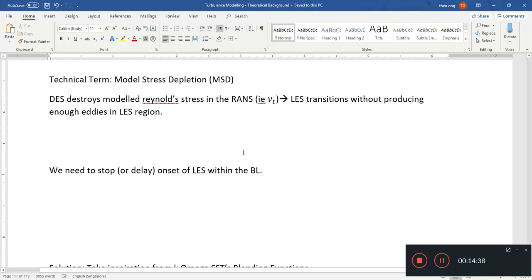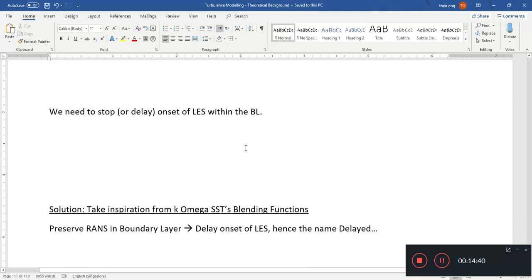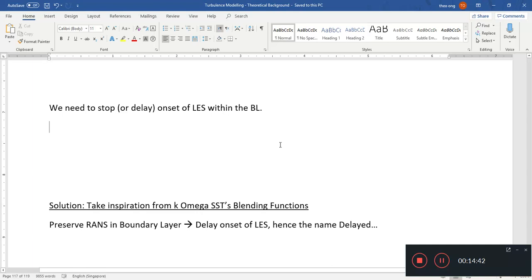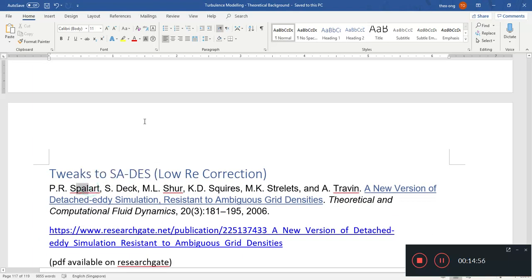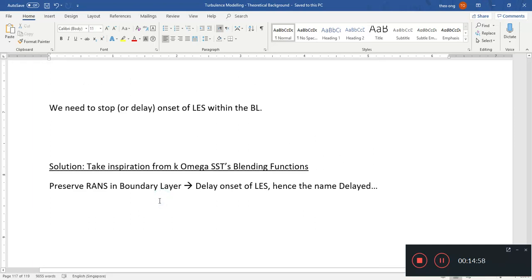That's the idea of delayed detached-eddy simulation, or DDES. So how do we solve this problem? We take inspiration, or rather Spalart, the author of this paper, takes inspiration from the k-omega SST function.